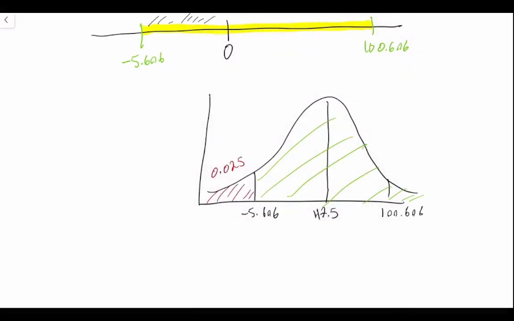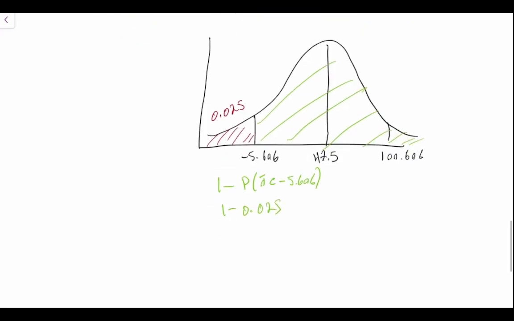Okay, so 1 minus the probability that d bar is less than negative 5.606 is simply equal to 1 minus 0.025, which is equal to 0.975.